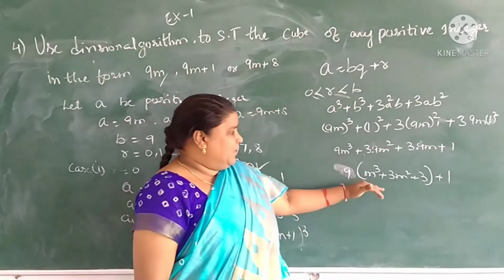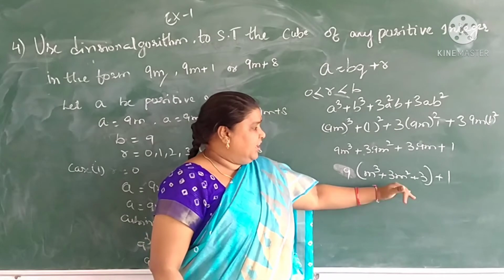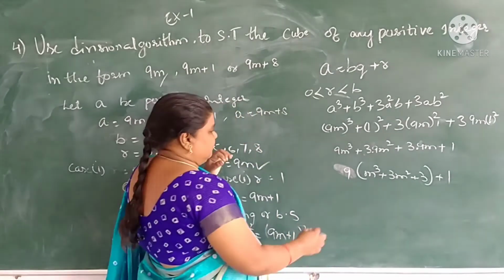So this m cube plus 3m square plus 3, we take as some m.